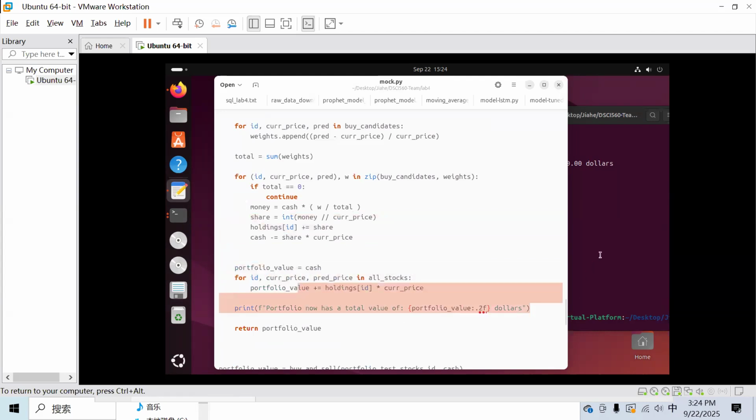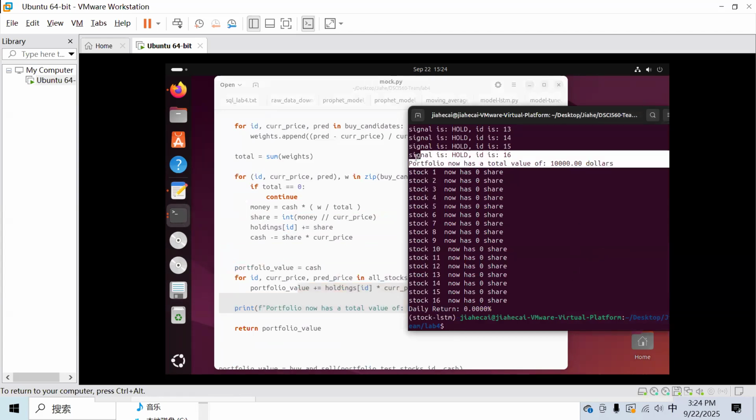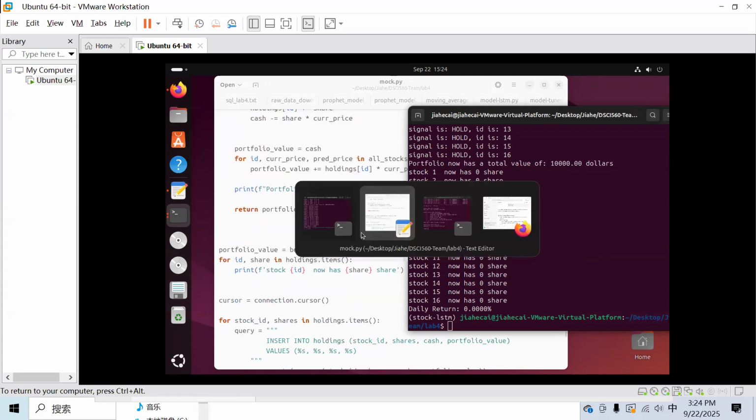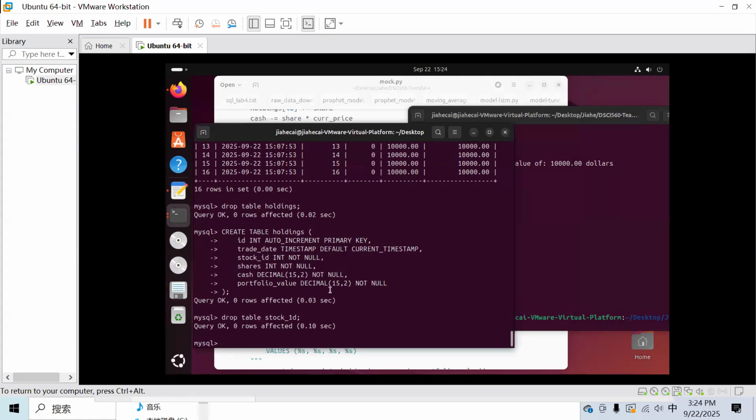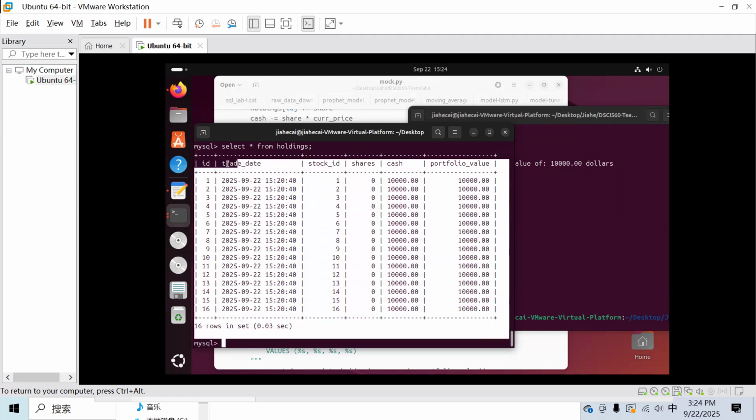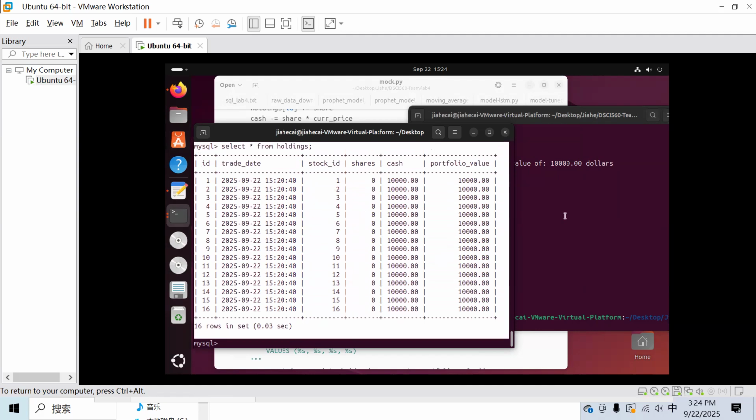Overall, we can see here this is our result of the first trade. At first, we have $10,000, and as you can see, all our 16 stocks have a share of 0, which means the signal for each one based on our predicting algorithm is hold.